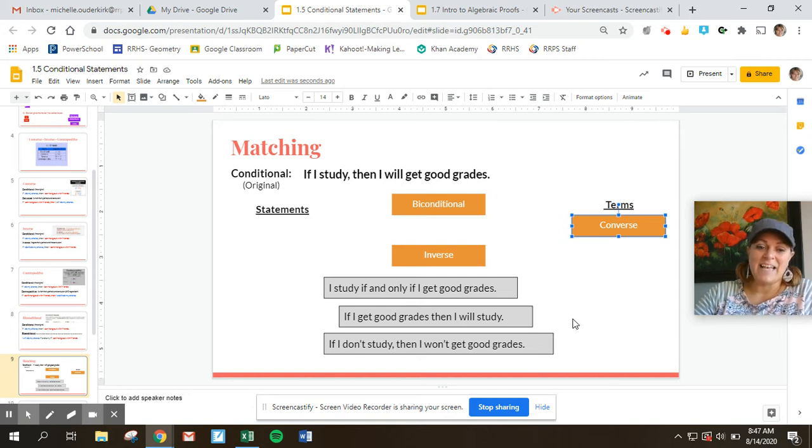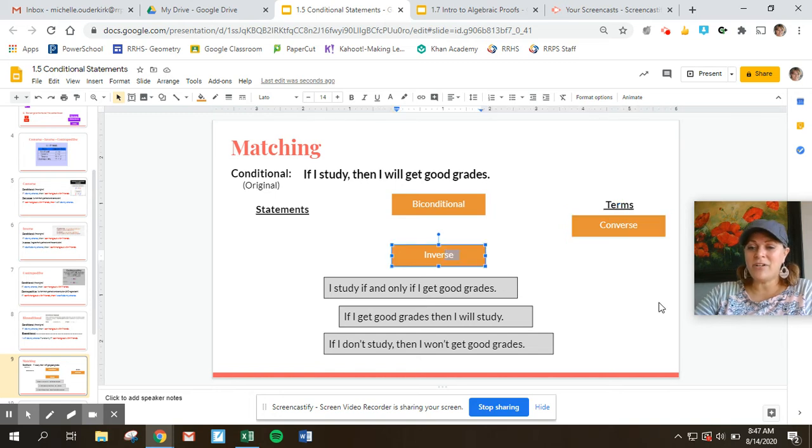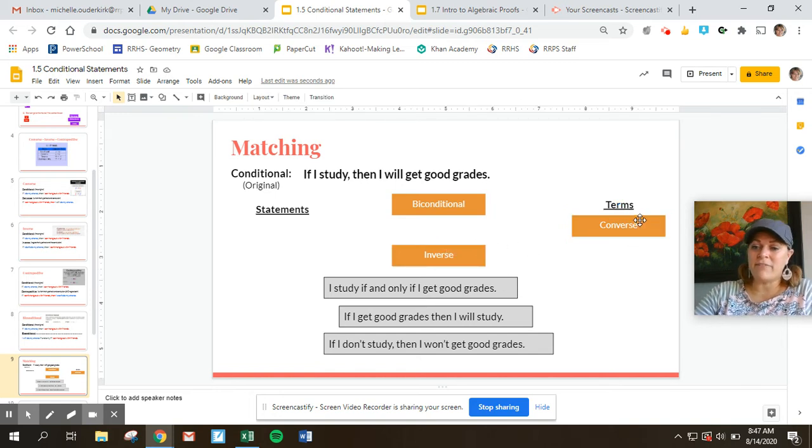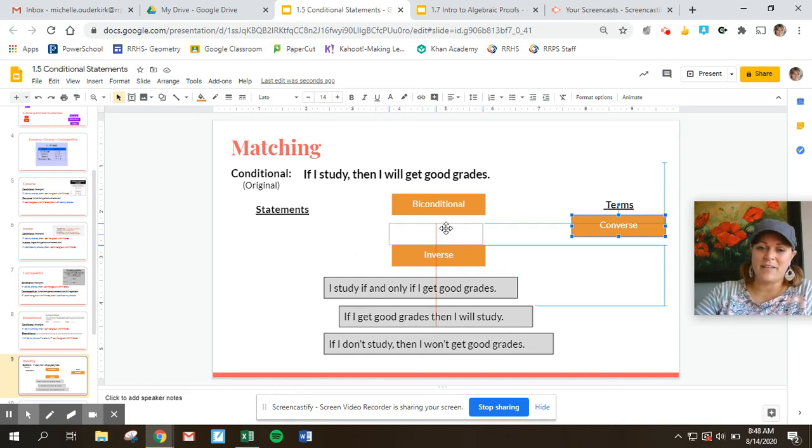Once you see it, you drag it over here. Notice I'm not showing you. And then you could do the inverse and then the biconditional. You don't have to do them in any specific order, but the term and the statement should be across from each other and match.